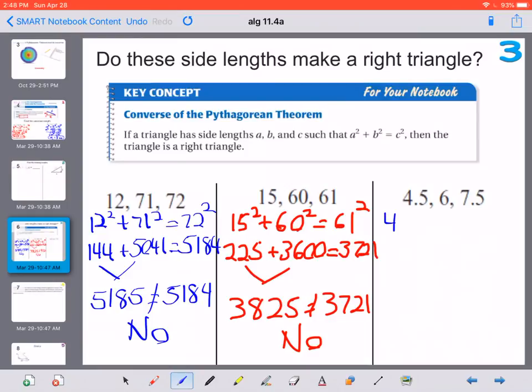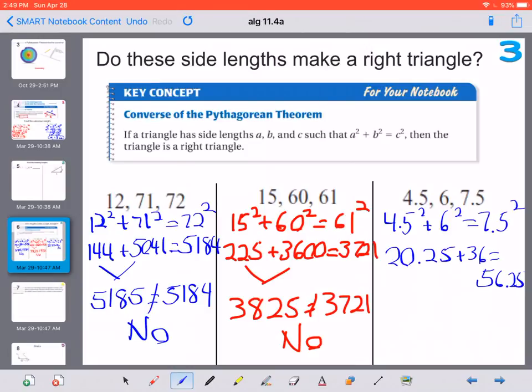Last one here, we have to try 4.5 squared plus 6 squared equals 7.5 squared. 4.5 times 4.5 gives me 20.25. 6 squared is 36, and 7.5 squared is 56.25.